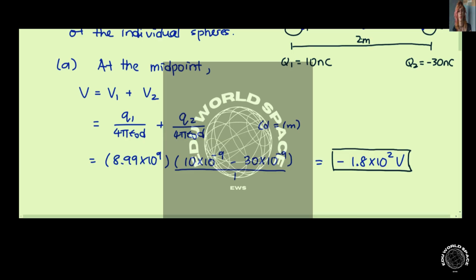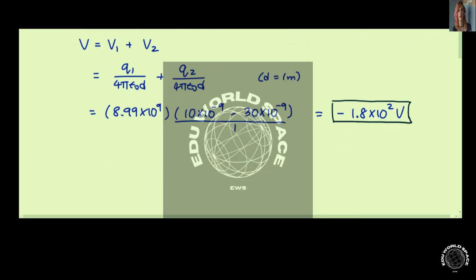Then in part B, we want to calculate the potential at the surface of sphere 1.